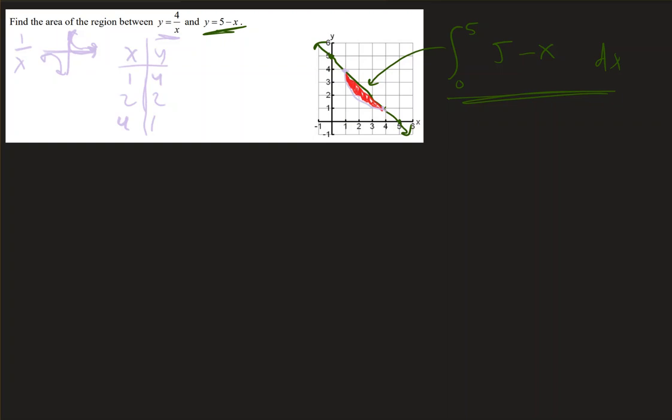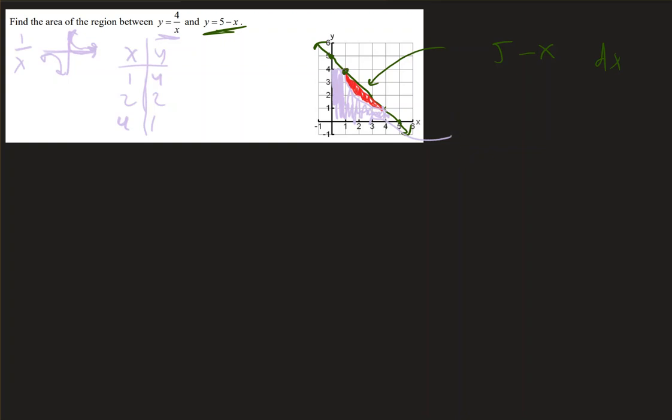And if I wanted the area under this curve, which would be all of this, I could integrate from up here. Let me backtrack a second. Let me change the integration bounds here.